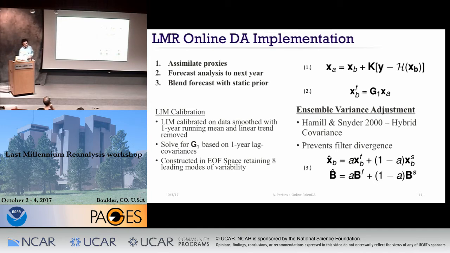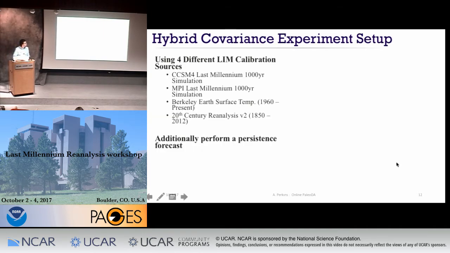So we got around that by using a variance adjustment technique where we blend in some extra variance from a static source, and the static source here is climatology. We use a simple linear blending term A that goes from 0 to 1, where 1 is using all forecast information, and 0 is using only climatology, which is equivalent to the offline case.